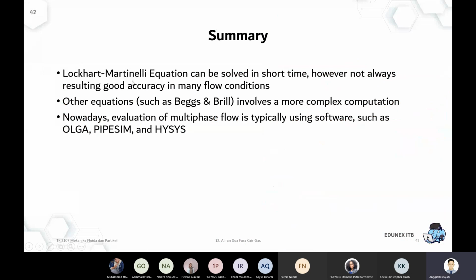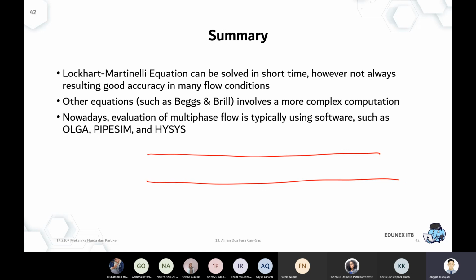Summary: the Lockhart-Martinelli equation can be solved in a short time, relatively speaking. Well, short is relative. Let's imagine you have a very long pipeline. If I want to give you the most extreme condition, we have two-phase flow in Natuna Island, for example.